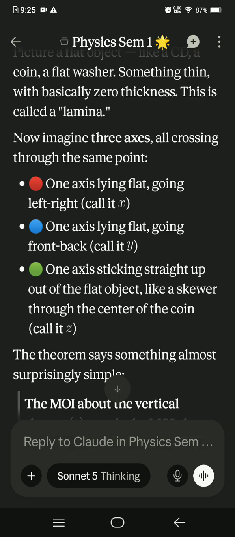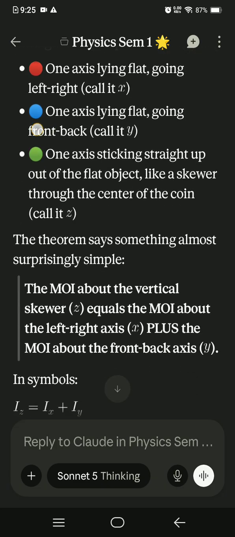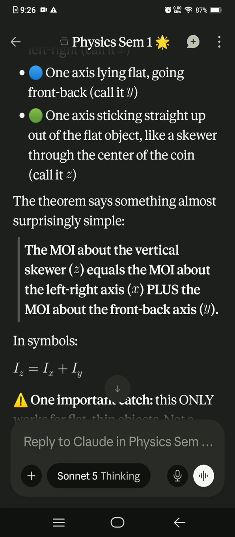One axis lying flat, going left right, call it X. One axis lying flat, going front and back, call it Y. One axis sticking straight up out of the flat object like a skewer through the center of the coin, call it Z.